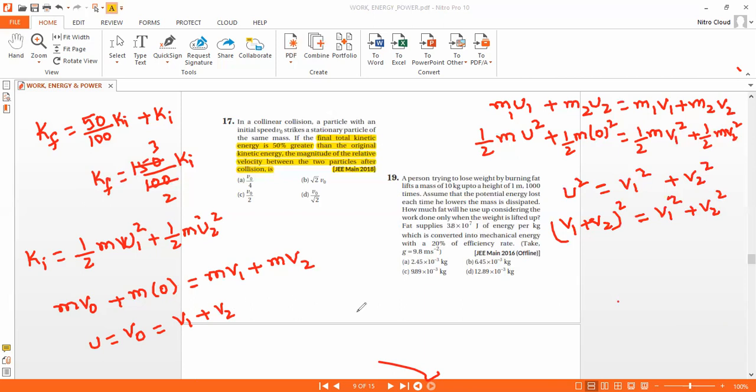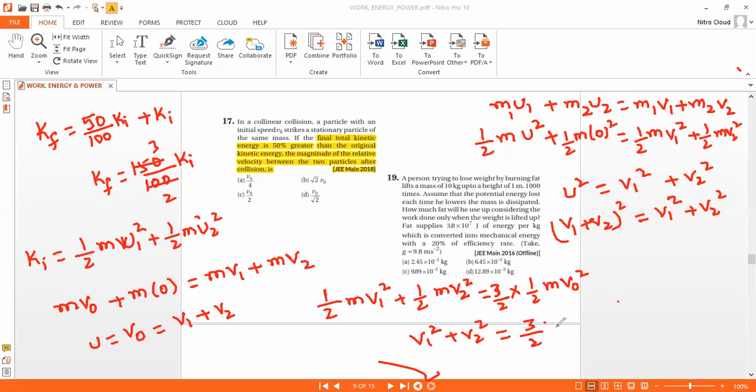Now see here, final kinetic energy is 3 by 2 times initial kinetic energy. That is half m v1 square plus half m v2 square equal to 3 by 2 times half m v naught square. So m by 2 will get cancelled. v1 square plus v2 square is equal to 3 by 2 times v naught square.